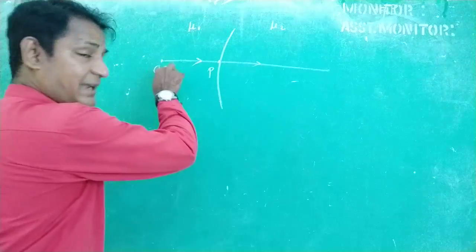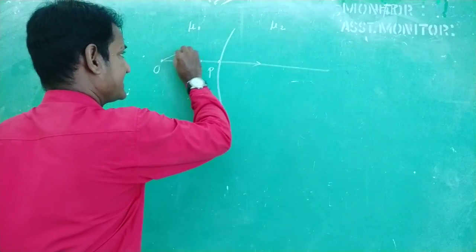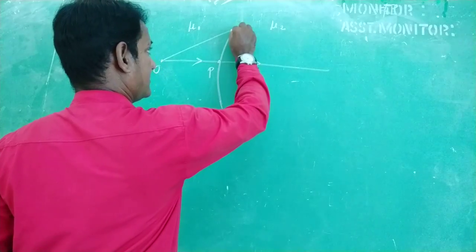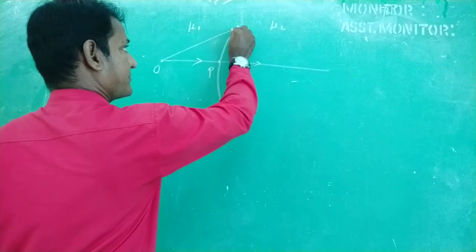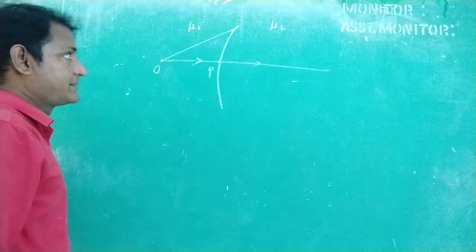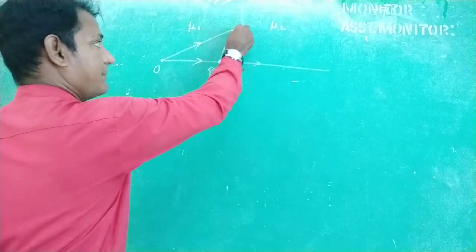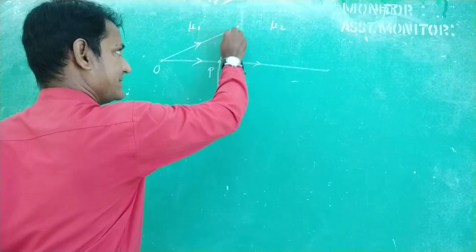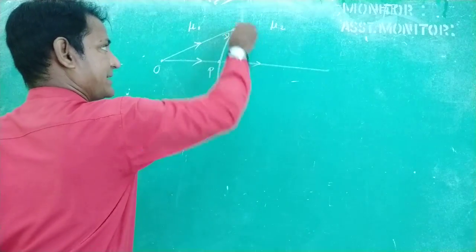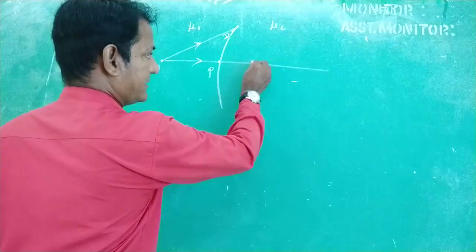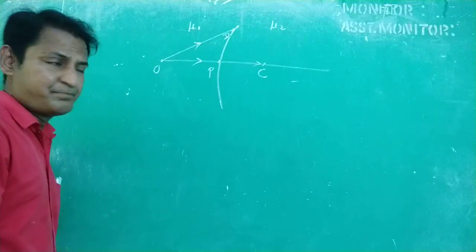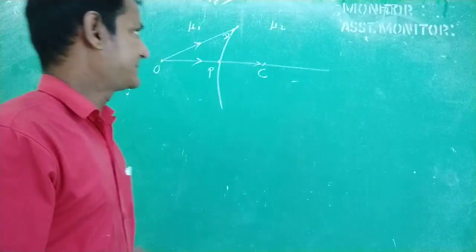Now, a light ray from the object is incident on the refracting surface of the convex lens. Let me take that point as D. C is the center of curvature for this convex lens.